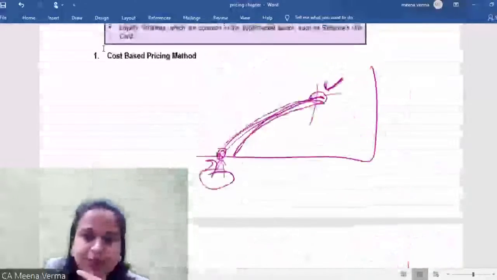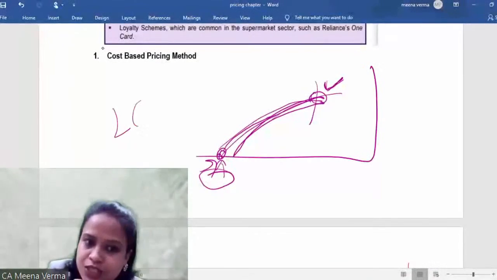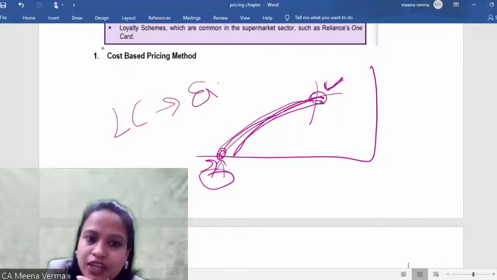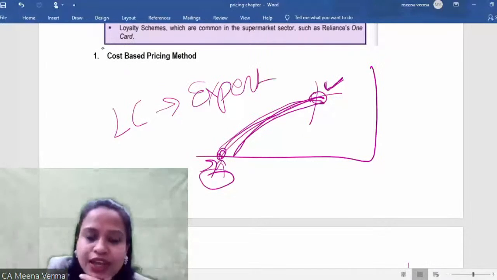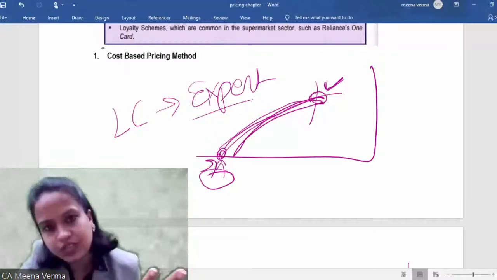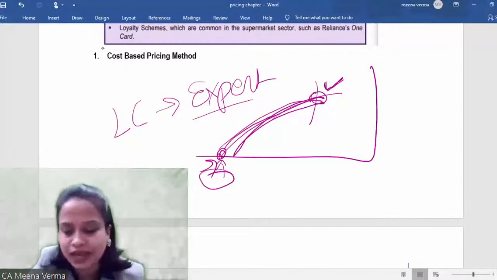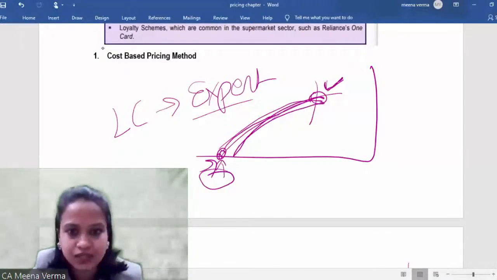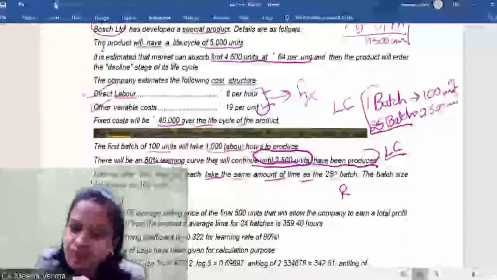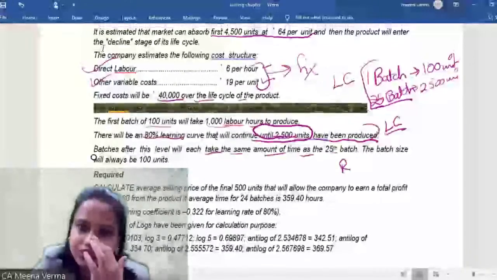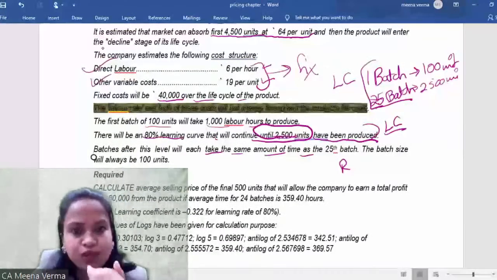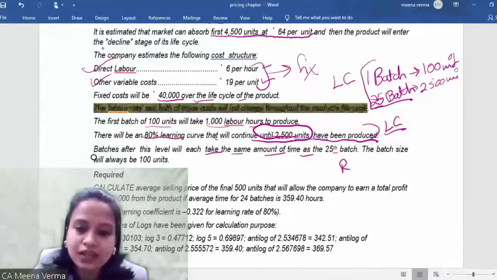But remember, the learning curve never applies to experts. If you are talking about any kind of expert, you can't apply a learning curve on an expert. You can apply learning curves on labor. It is clearly mentioned here that up to 25 batches you can apply the learning curve.